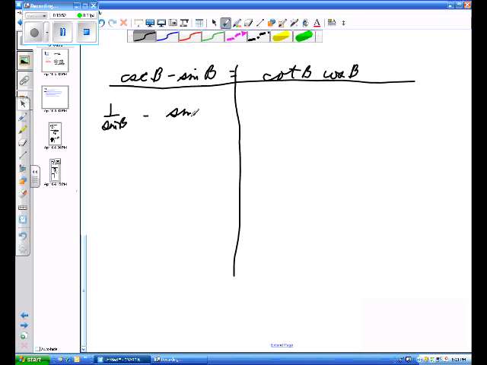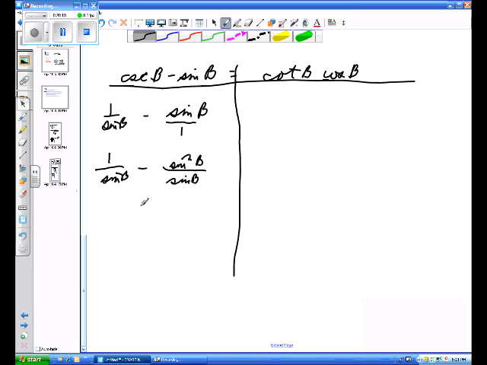minus sine. And now to subtract, again, your problem tells you what to do. To subtract, we have to get a common denominator, which in this case would be sine beta. So we would have 1 over sine beta minus... Well, if we want this over sine, then we have to multiply our numerator by sine also, and we would have sine squared beta.